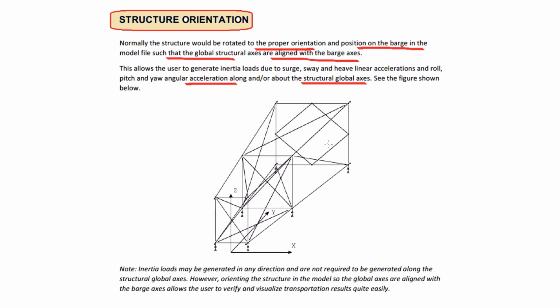So we need to generate the linear acceleration forces as well as angular acceleration forces. The inertial loads may be generated in any direction and are not required to be generated along the structural global axis. However, orienting the structure in the model so that the global axes are aligned with the barge axis will allow the user to verify and visualize the transportation results quite easily. So by doing this we can visualize the results quite easily.